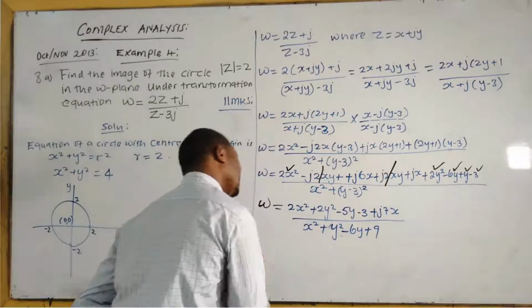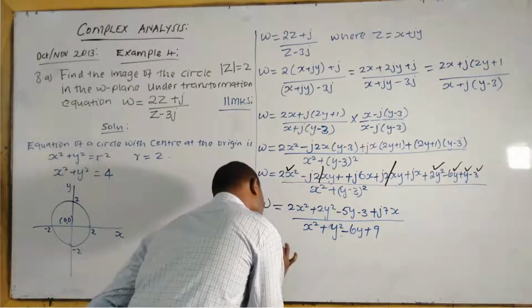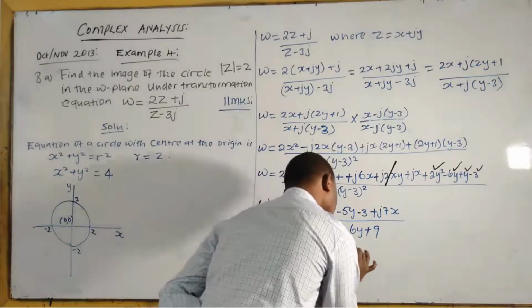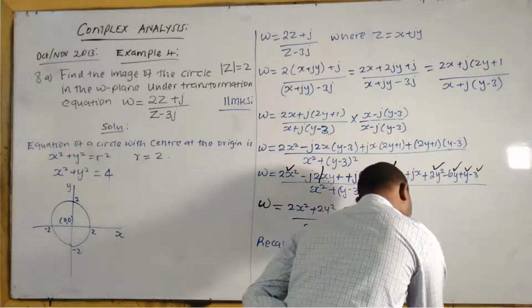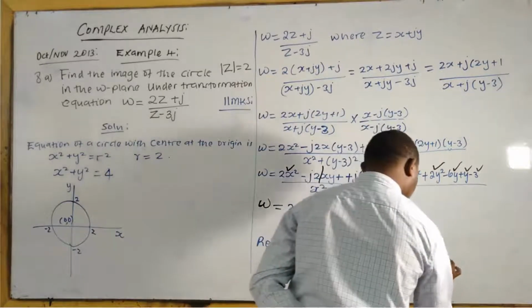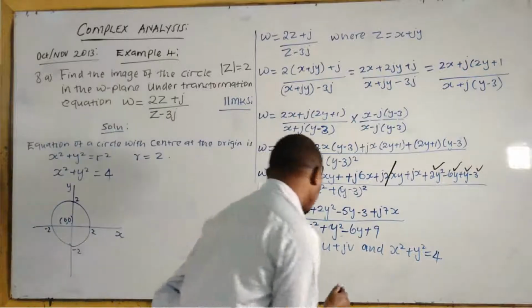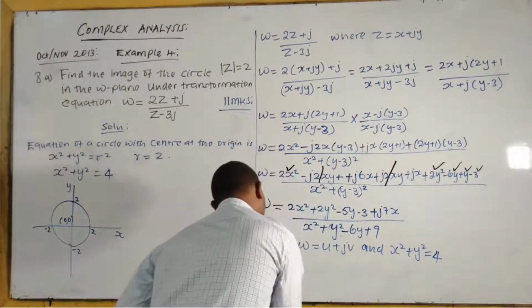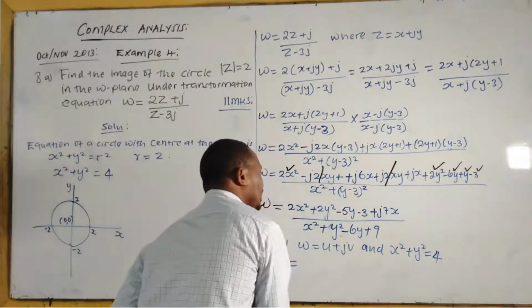Now, we recall that w is equal to u plus jv and x squared plus y squared is equal to 4. I guess the radius was 2, so it is 4. So that instead of using w here, use u plus jv. u plus jv is equal to what?